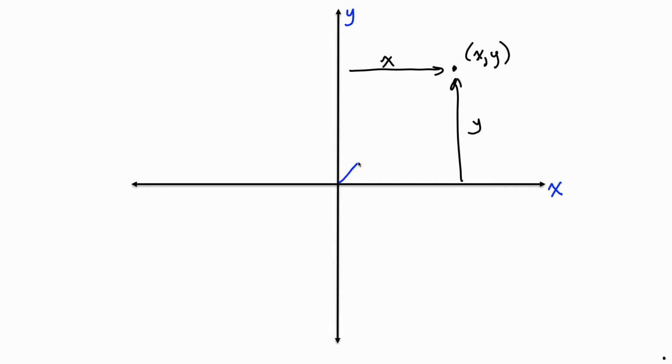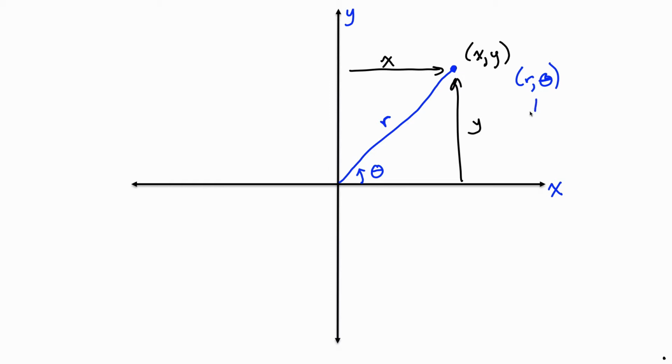If I draw an imaginary straight line from the origin to the point, and say that it has some length r, and the angle between that line and the x-axis is theta. If I give you r and theta, those also uniquely point to that particular place in my coordinate universe.